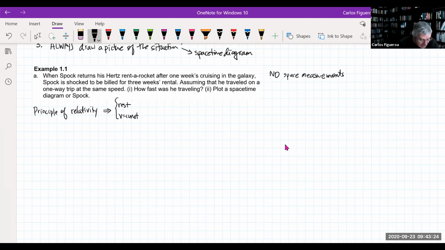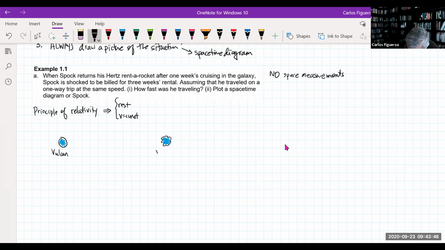So when I think about this picture here, you could imagine Spock. I don't know where he's renting his rocket from, but I know that Spock comes from where? Vulcan, we assume. And he's probably going out to what? Some vacation spot.